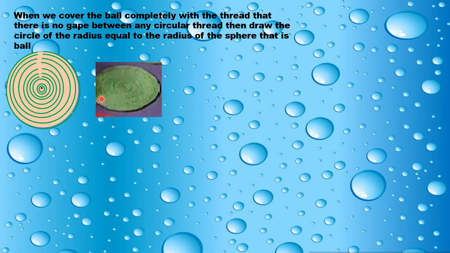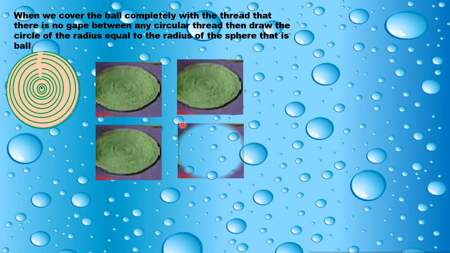When we cover the circles using the thread, our circles will look like this: 1 circle, 2 circle, 3 circle and 4 circle. Now the thread which covered the spherical ball is sufficient to cover 4 circles of the same radius as the ball.